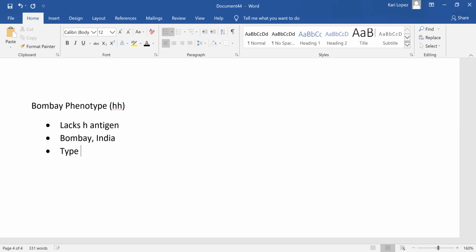Now they generally type as group O. If you think about it, it makes sense because they have no H, no A, and no B antigen. And you're not really testing for H, you're testing for A and B under the assumption that if you don't have either one of those, you're group O.